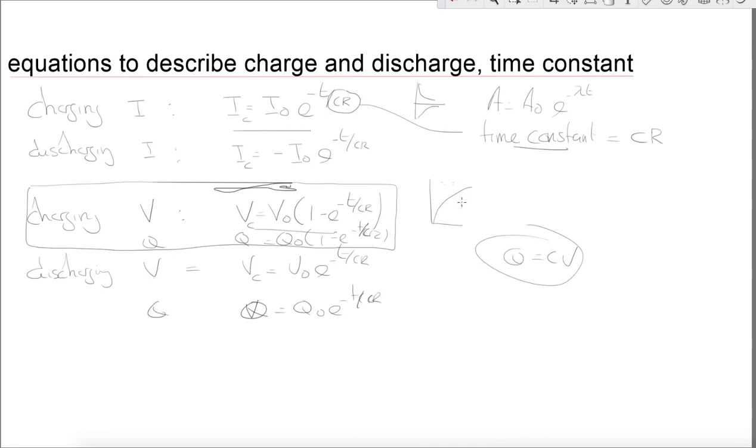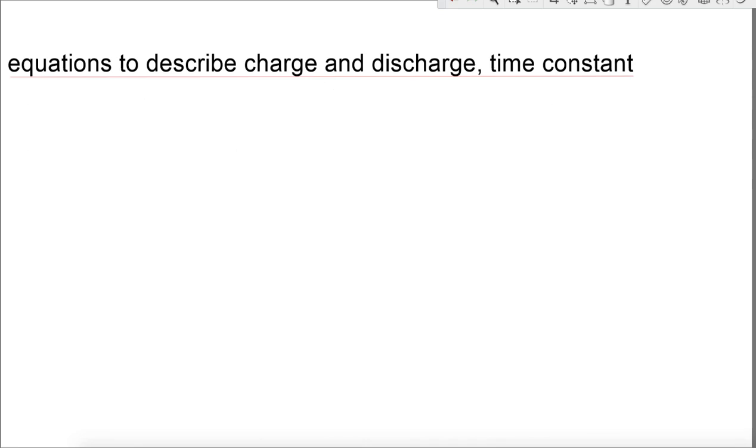So back to the time constant then. Let's look at that. If you take your equation, I equals I naught e to the minus t over CR, and you put t equal to CR in, then you get I equals e to the minus 1 times I naught. And that, if you work it out, take it into your calculator, is 0.368.